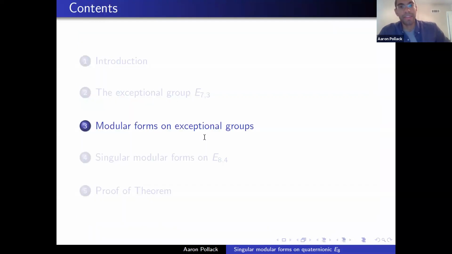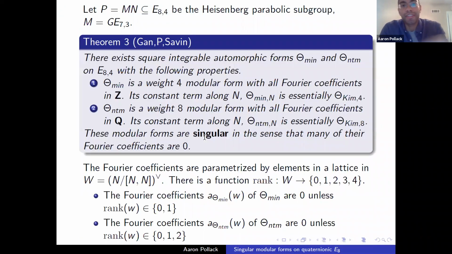So how does one go about proving integrality of those coefficients? Kim shows explicitly they're integers. How does the proof work for that theorem?